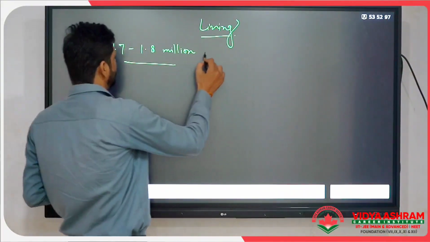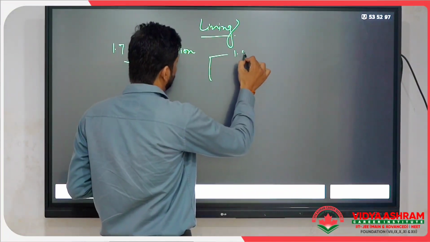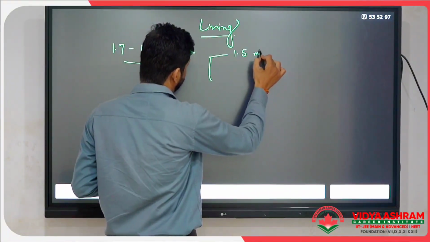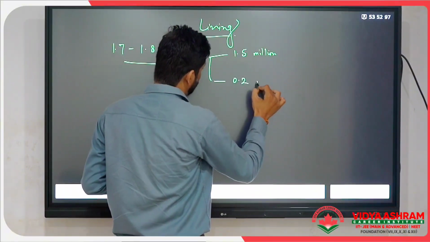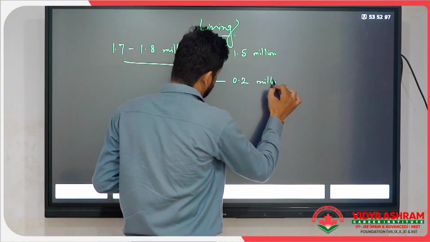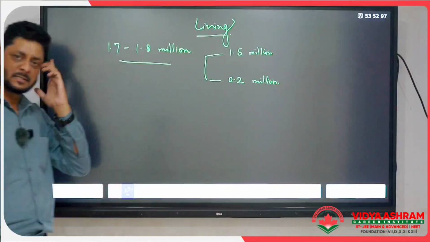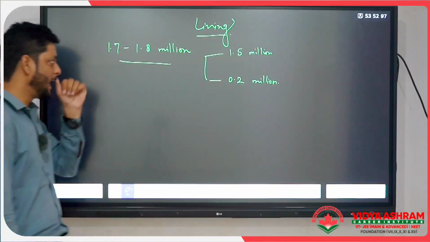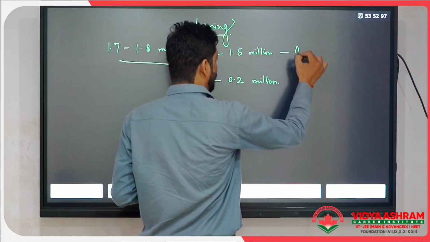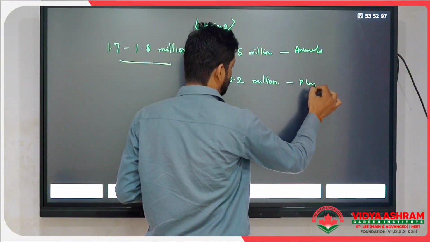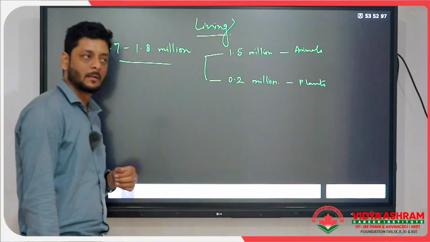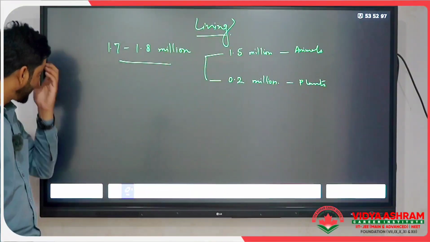And of this, 1.5 million and 0.2 million are living organisms, most of the time said to be animals and plants.